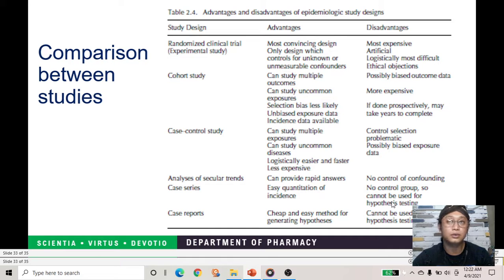So usually it is just a descriptive report. The case report is cheap, easy and fast, and rapid to generate hypotheses. Here we just generate the hypothesis that can provide direction for further study using better study designs. This is also similar to case series, it cannot be used for hypothesis testing.